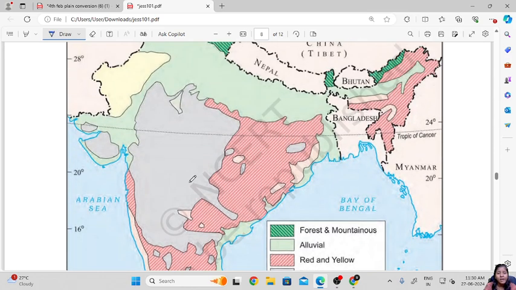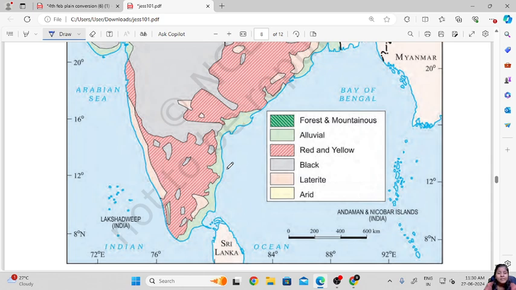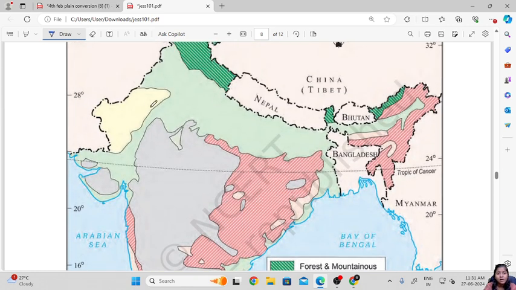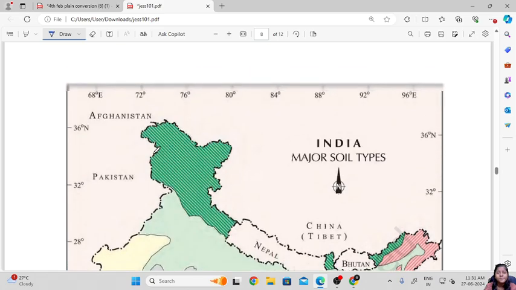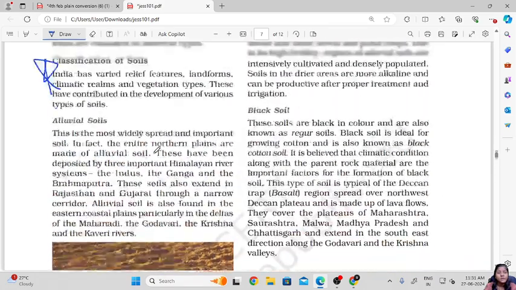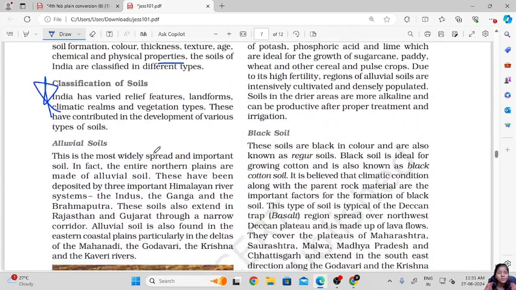Black soil you will find in states like Madhya Pradesh. Then laterite is over here in some parts of the Mumbai and Goa states. Then arid soil is found over here. Okay, so we'll see the classification of soil.